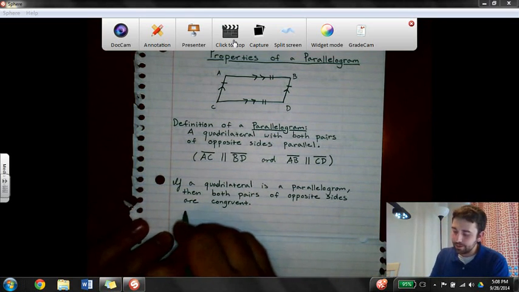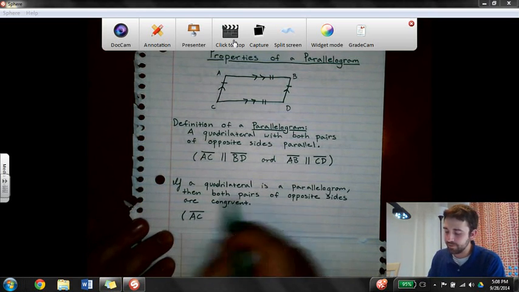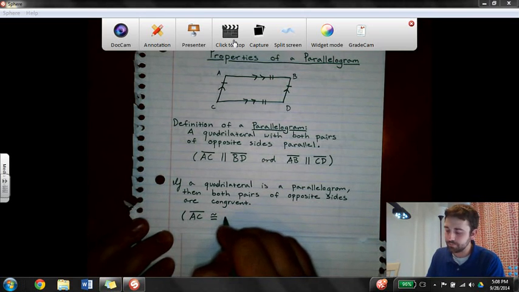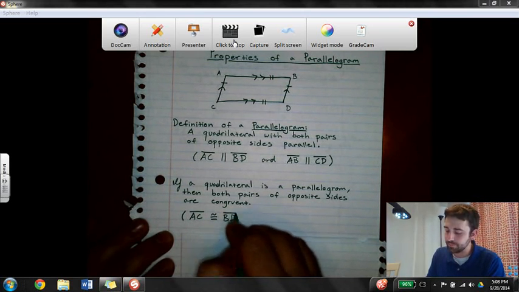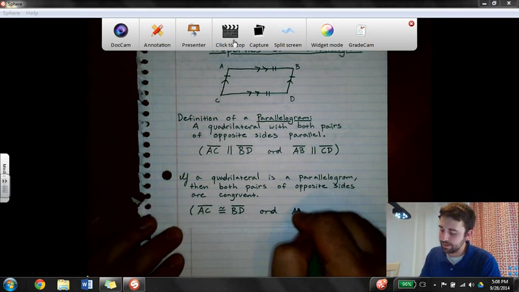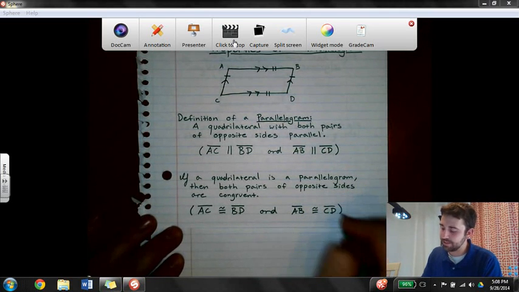And I can use this notation for this statement: segment AC is congruent to segment BD and segment AB is congruent to segment CD.